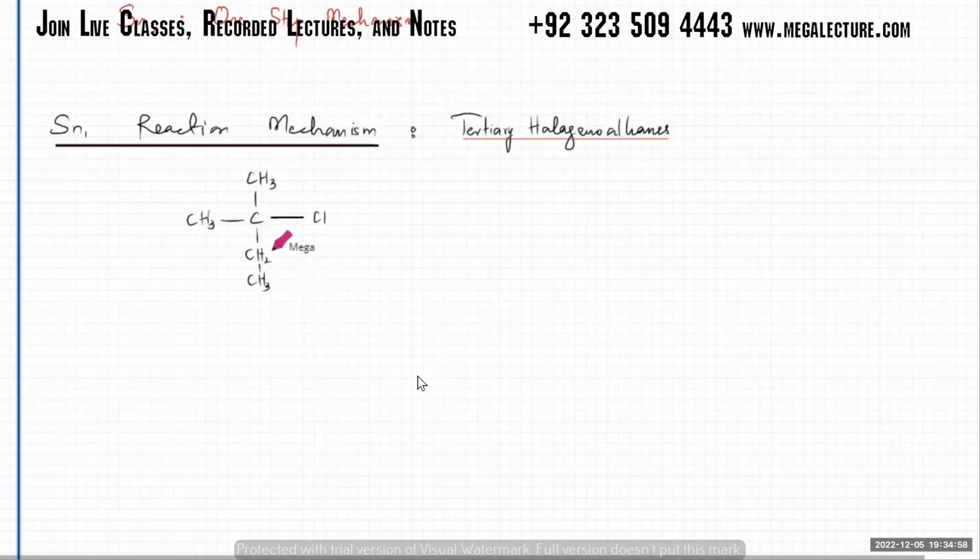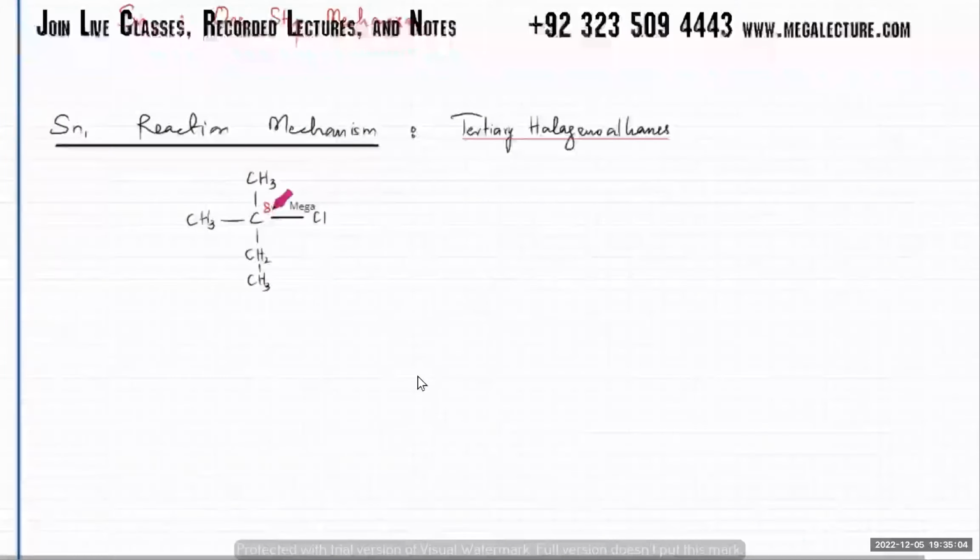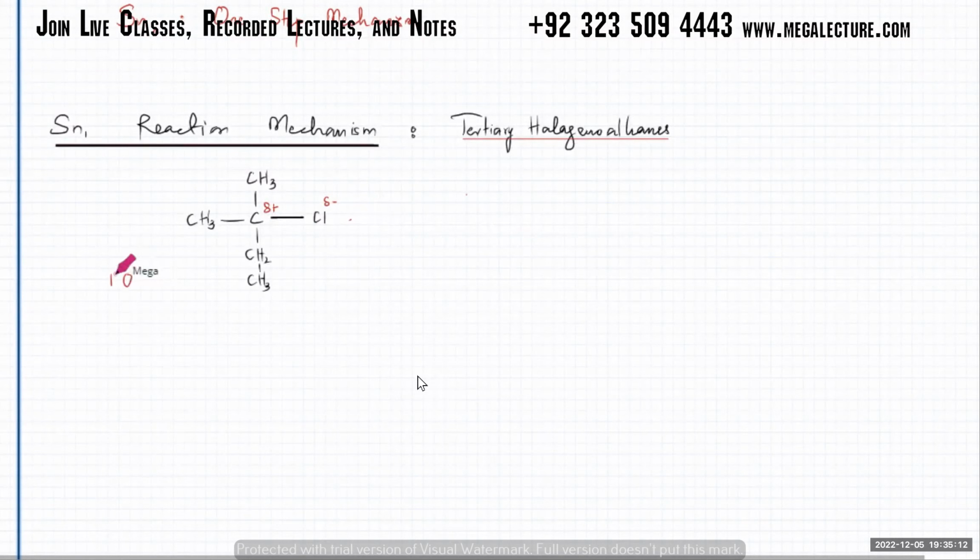Now the carbon, again in this case as well, has a positive charge, and the Cl has a negative charge. But the nucleophile does not strike first, because the carbon which is positively charged is surrounded by large groups.